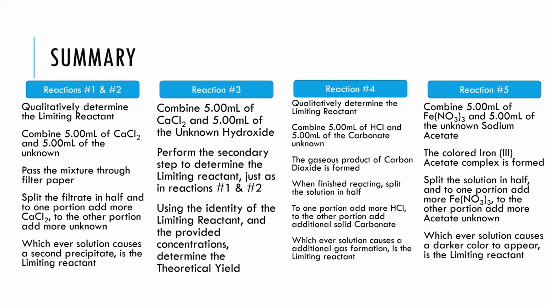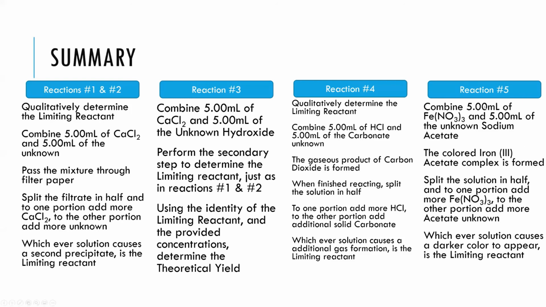To one side, you're going to add more hydrochloric acid. To the other side, you're going to add additional solid carbonate sample, and determine from those observations what is the limiting reactant. In that secondary test, whichever forms more carbon dioxide was the limiting reactant in that first combination.